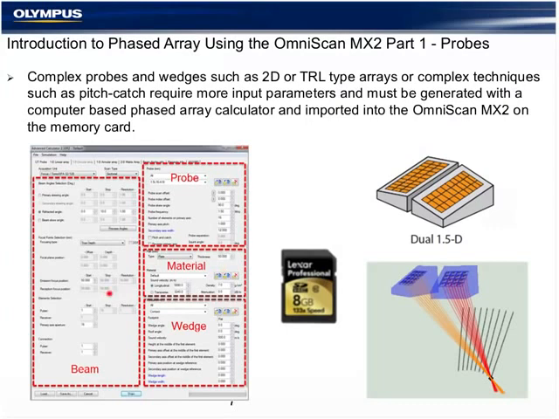If you give the software all of the correct information for the probe, the material, and the wedge, you can then ask for the beam information. Different calculators, different manufacturers have different levels of predictability for what's acceptable or not. But for the most part, we're dealing with the same physics as conventional UT. First and second critical angles, the ability for an incident angle to refract into the material, all of those things like Snell's law are very relevant.